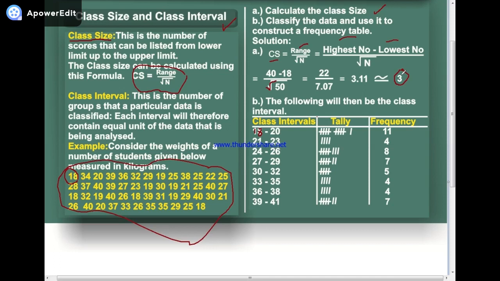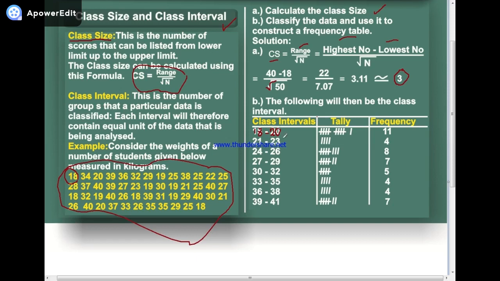That is 18, 19, 20. That is 3. So you classify the first one as 18 to 20. Do you understand?